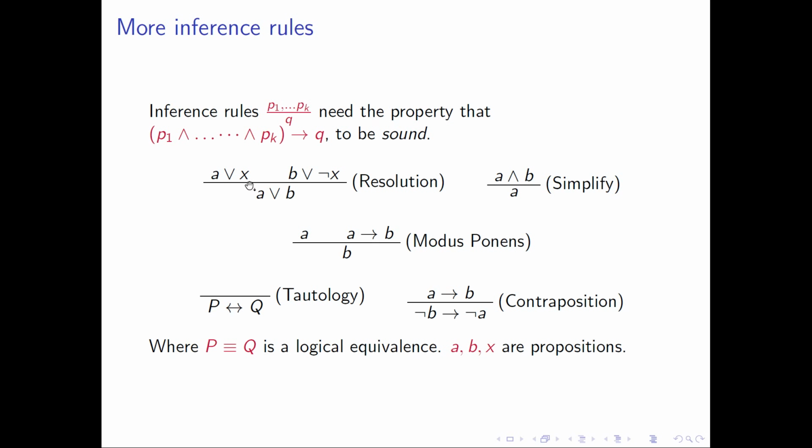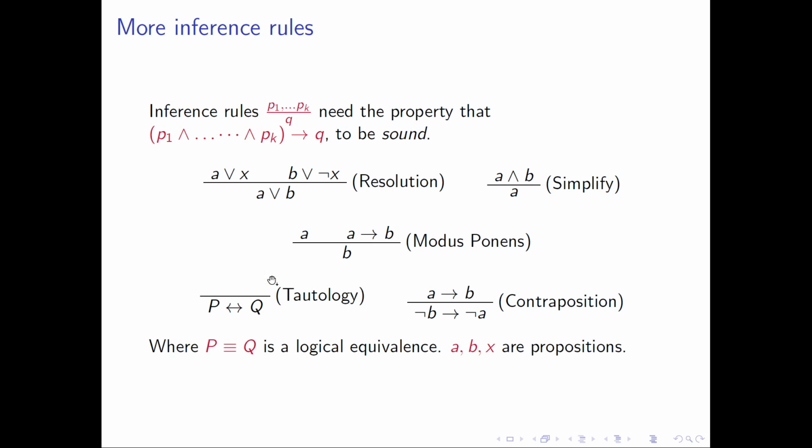That's when we've got A or X, B or not X. We can take these two disjunctions and merge them into one, but removing these X and not X. Simplify, if we've got A and B, well, it turns out that we can just simplify that into just A. We can ignore B if we wanted to. Modus ponens: if you've got A and A implies B, then we can use that to infer that B is also true.